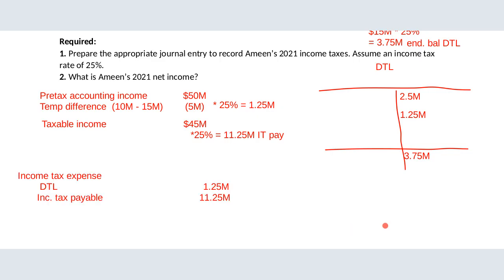Is it 11.25 or 11.2? I think it's 25, right? And then our income tax expense is gonna be 12.50 million. Okay.